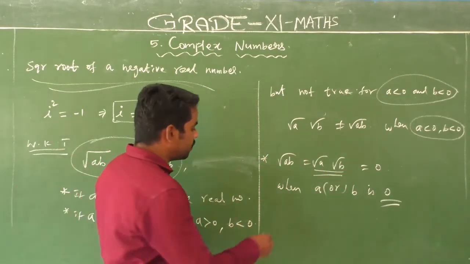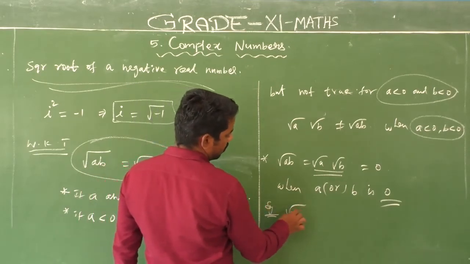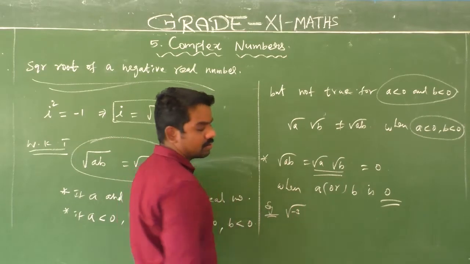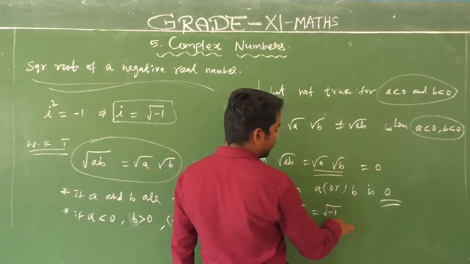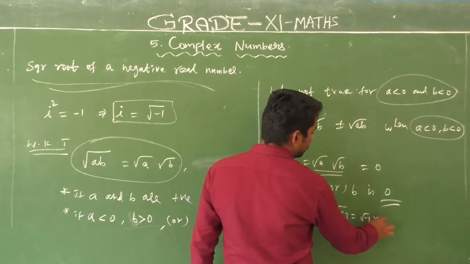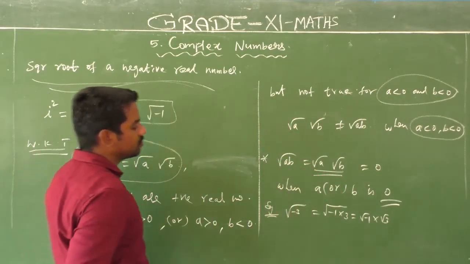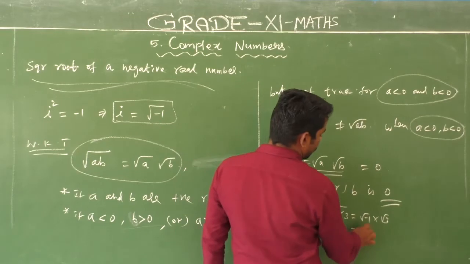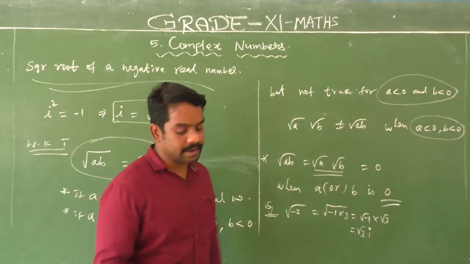Example: root of minus 3 is written as root of minus 1 into 3, equal to root of minus 1 into root 3. You know root of minus 1 is i, so it is root 3 i.